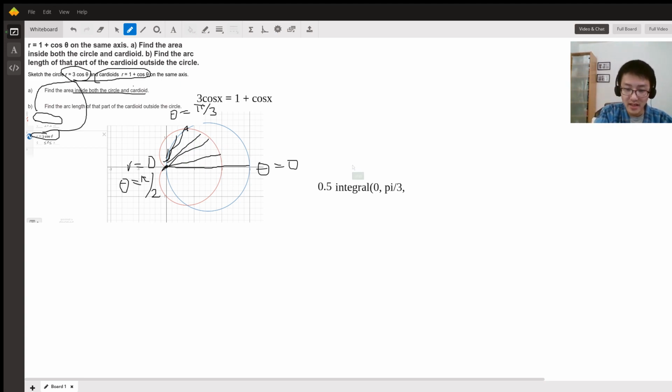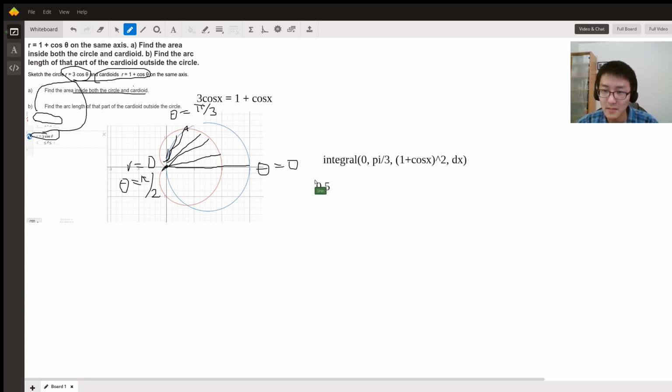So we're going to put 1 plus cosine theta, and you square that, d theta. That's the integral for that part.